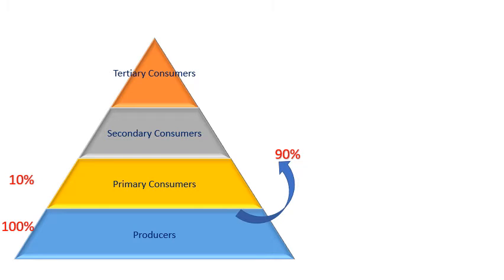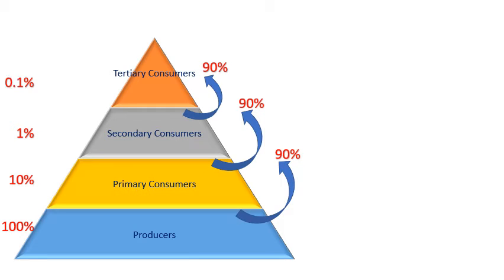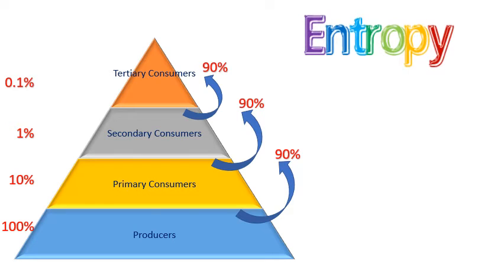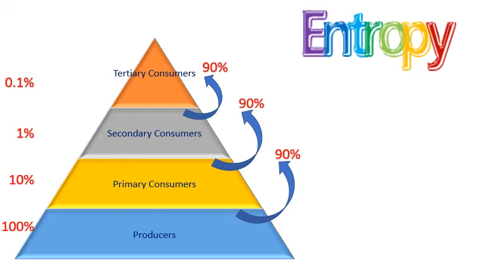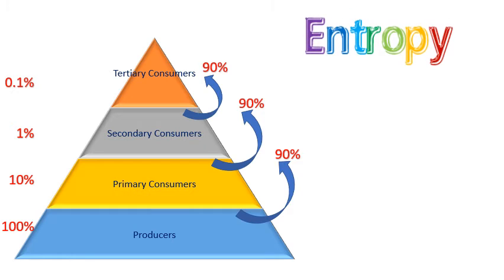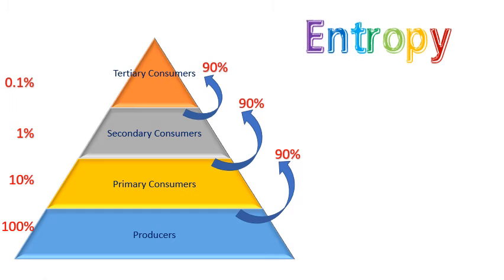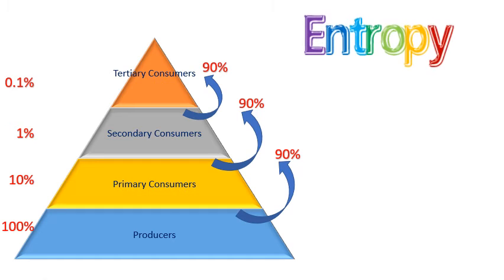If you look at this energy pyramid, the food that we eat gets digested, metabolized, and transferred to the next level. During each level of transfer, 90% of the energy is lost and only 10% is passed on to the next level. The energy dissipation into space is called entropy.